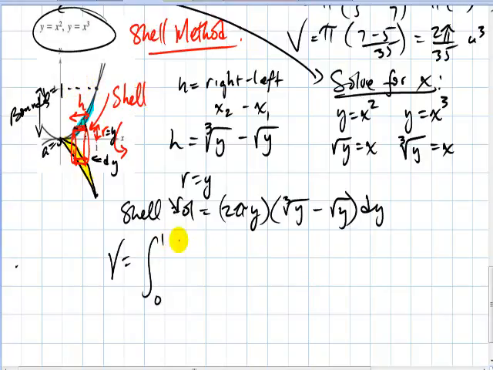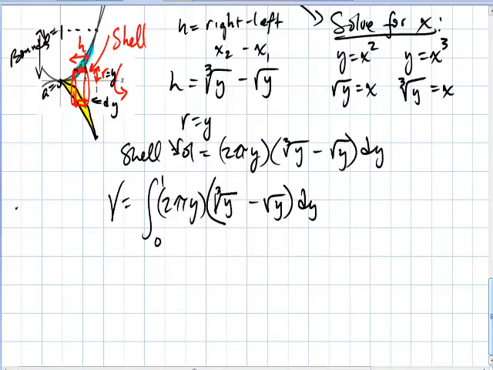So we're going to integrate from 0 to 1 of the circumference, which is 2 pi y, times the height, which is the cube root of y minus the square root of y, times the thickness dy. Before we do that, we want to distribute through the y and pull out the 2 pi.